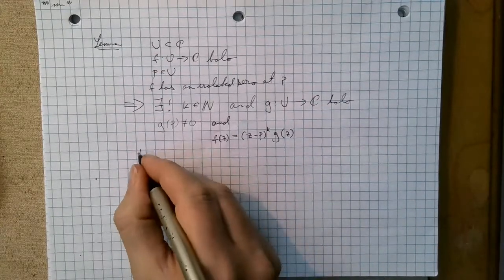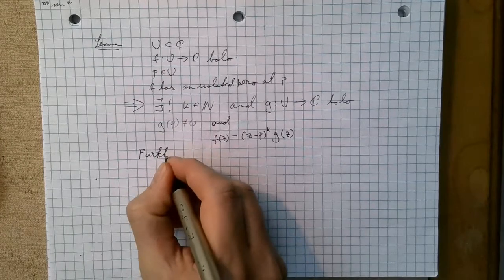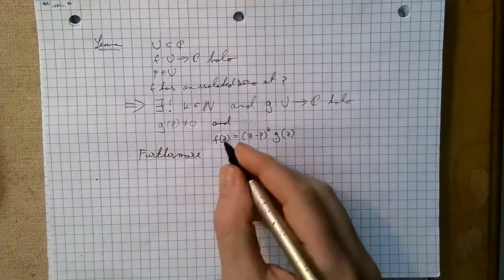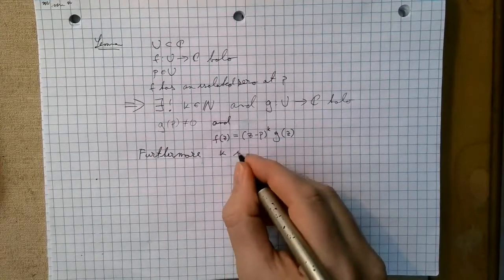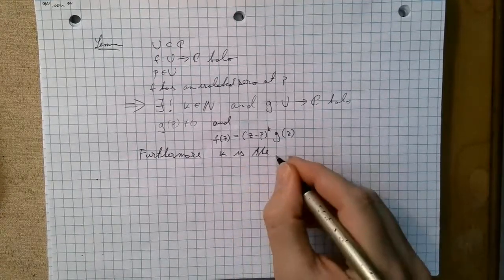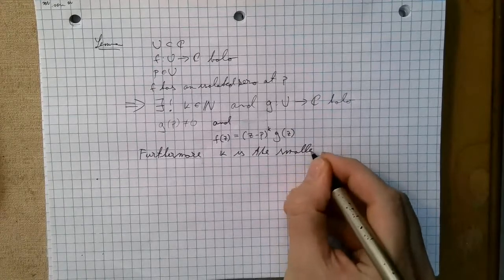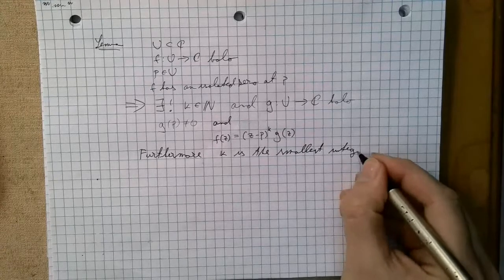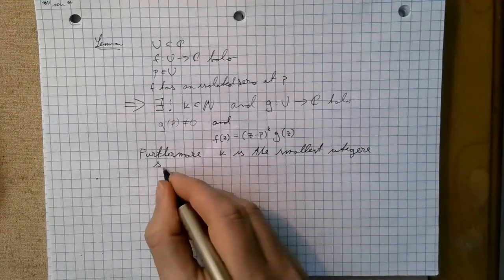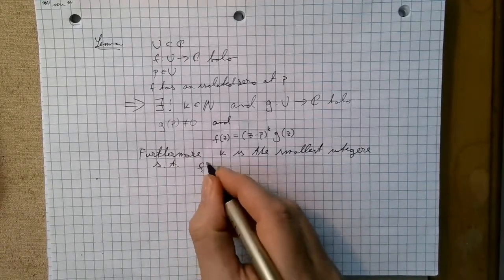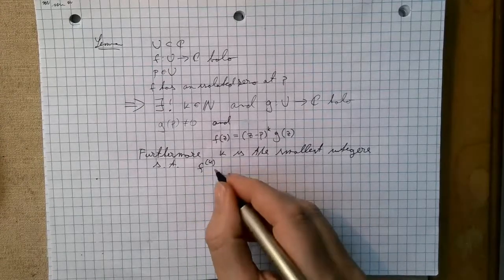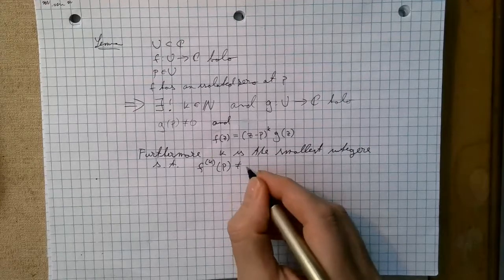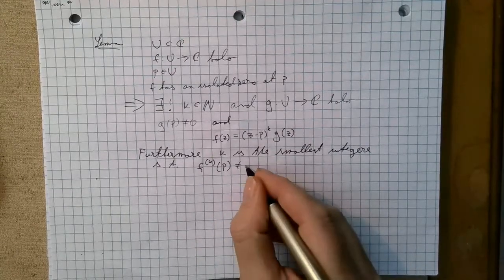Furthermore, what we get is that k is the smallest integer such that the kth derivative of f at P is not equal to 0.